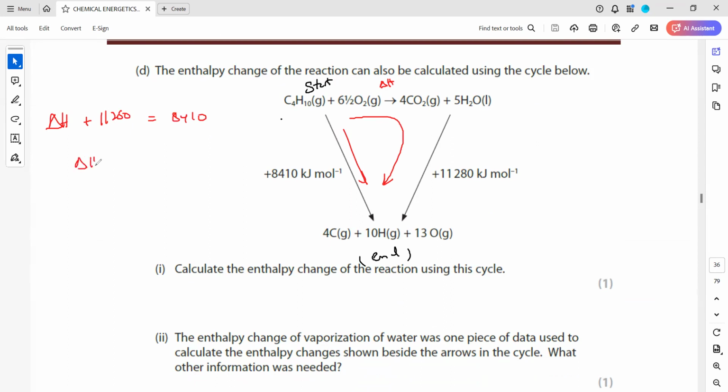This will move to the other side. So delta H will be 8410 minus 11280. So the value of delta H from this one was minus 2870. So minus 2870 kilojoule per mole.